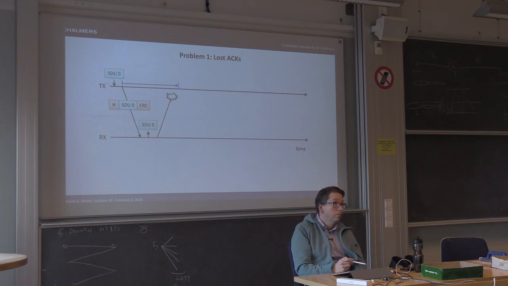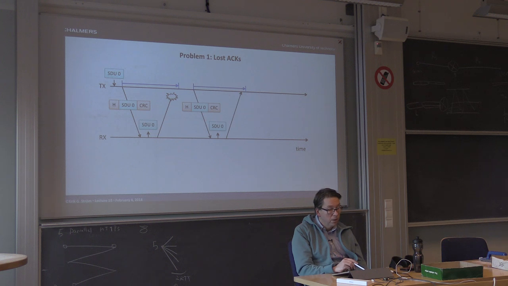Yes? SDU0 is transmitted. Exactly. So the transmitter here has no idea that the service data unit 0 has been delivered. It just assumes that it's lost and will retransmit that. What is the problem with that? Well, the problem is that it will be duplicated.